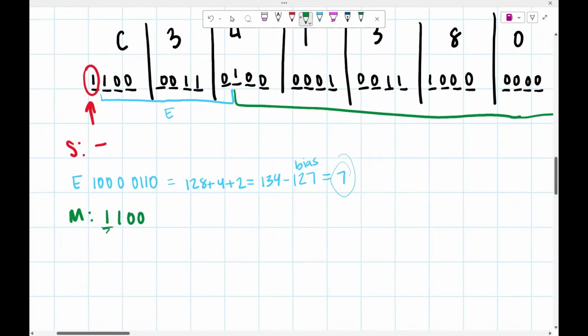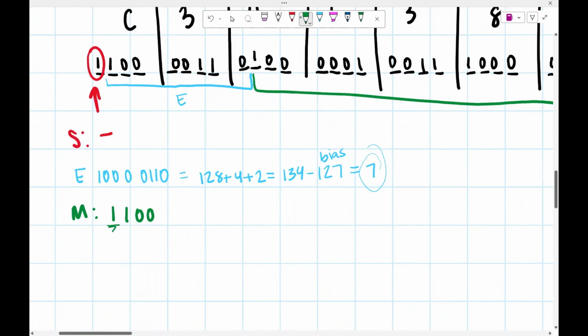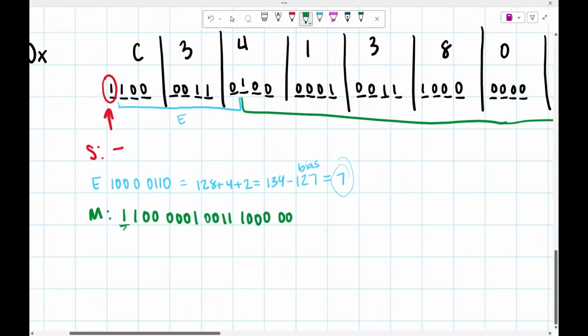And then I'm just going to copy the rest here. So I already have 1, 0, 0. So the next is 0, 0, 0, 1. Okay. And then 0, 0, 1, 1, 1, 0, 0, 0. And then the rest are just zeros. Right? Okay. So we had our decimal right there. Remember, that's the one we add back in.